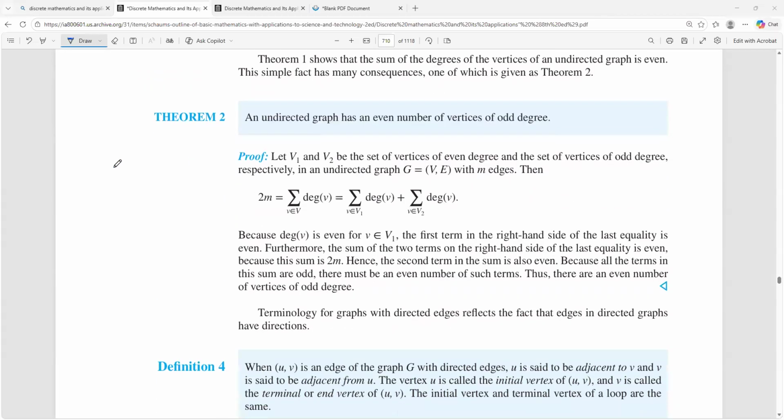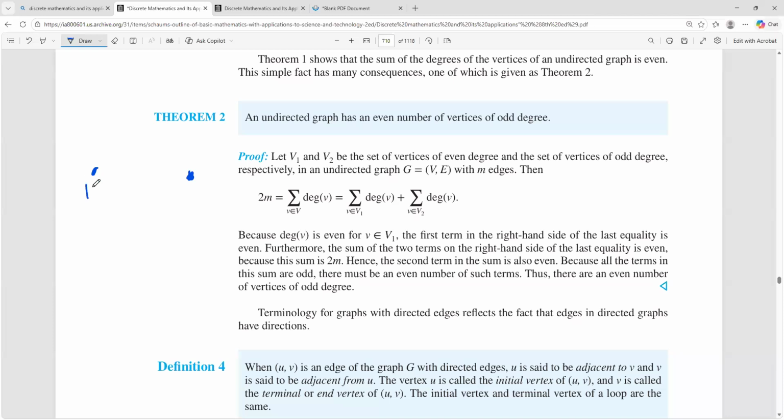All right, this is another quick theorem. An undirected graph has an even number of vertices of odd degree. You could see it here, it's technically the proof for it, but if you want to think about it intuitively, remember from the handshaking theorem, every edge needs to have two vertices.